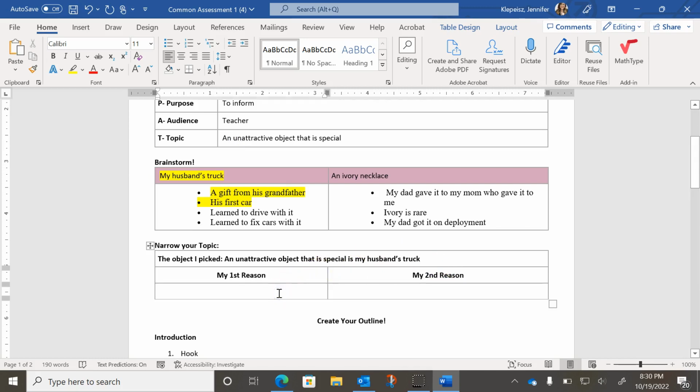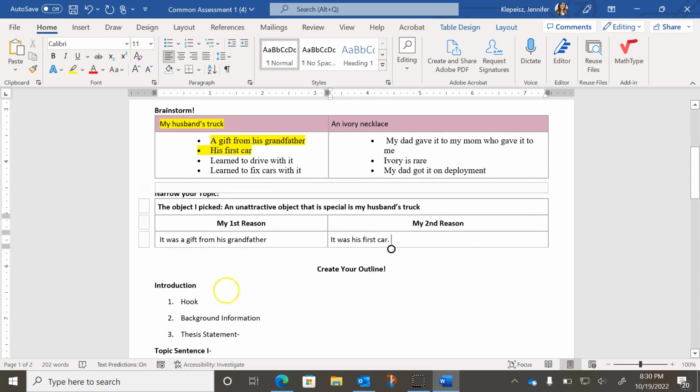And then my first reason, I'm going to turn that into an independent clause. So instead of saying a gift from his grandfather, I'm going to say it was a gift from his grandfather. And for my second reason, I'm going to put it was his first car.